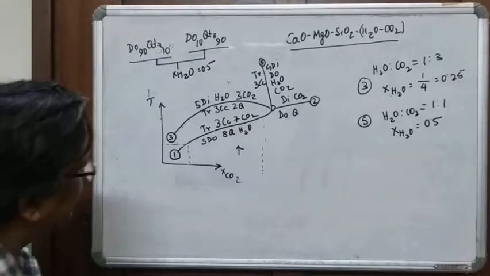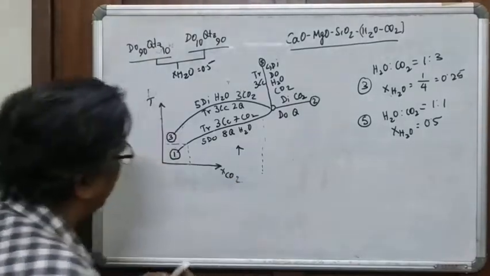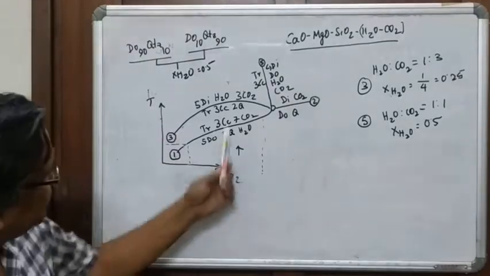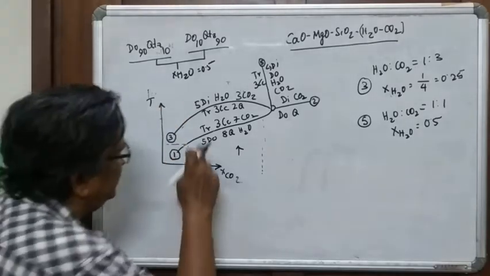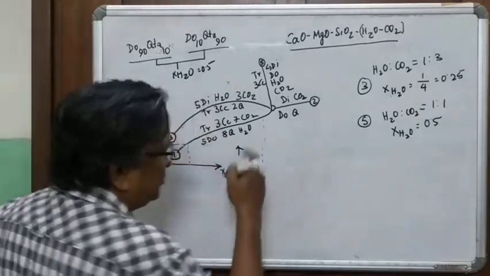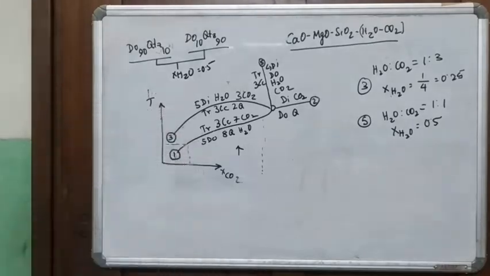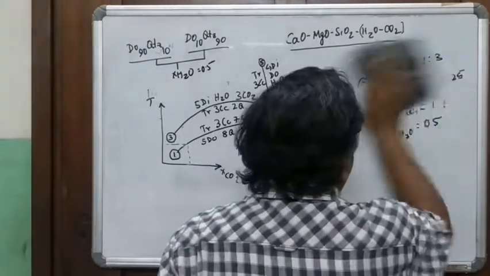Say, for example, you have dolomite. If you go up in temperature from dolomite, then you can see that this reaction operates.